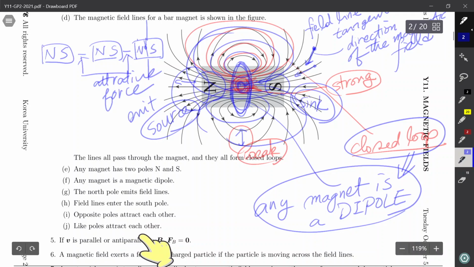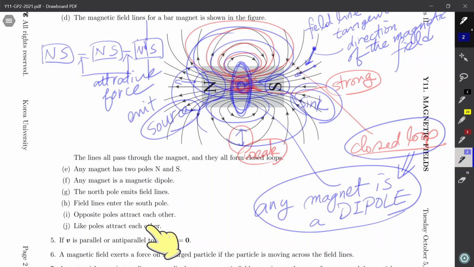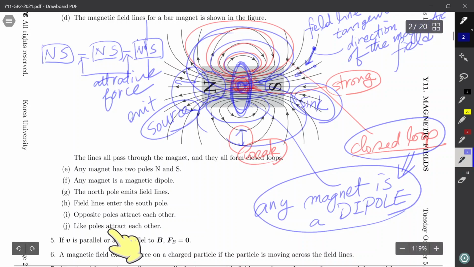Like poles attract each other. No, like poles repel each other. This is wrong.